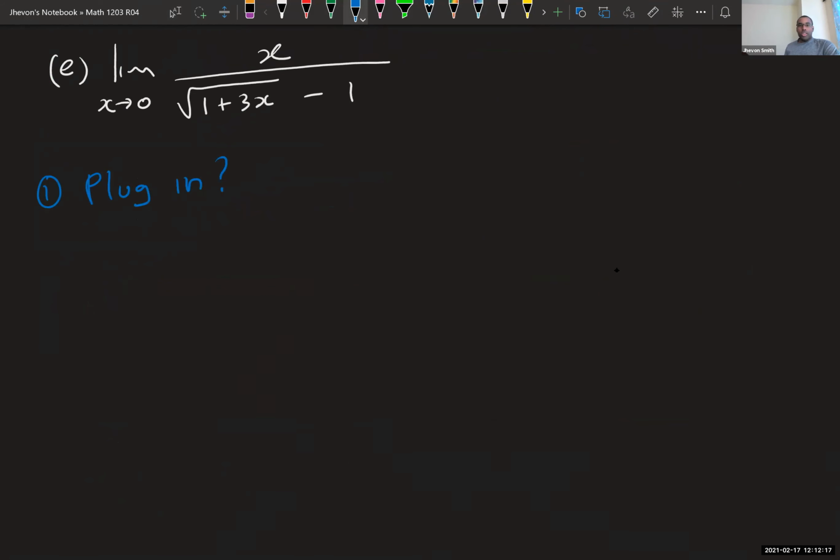So you go and you plug in x equals 0. What would you get? Well, you would get 0 on top. You would get radical 1 minus 1. That gives you 0 over 0. Can't work. Okay, so can't plug in. So 2, can I simplify this guy? Can we simplify this guy?